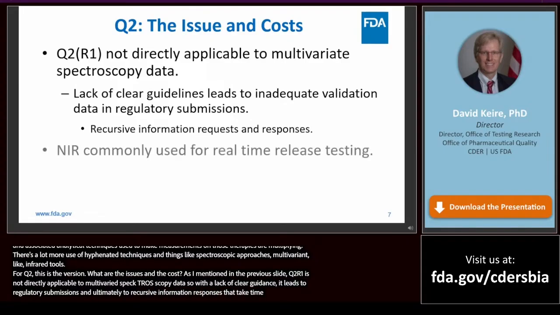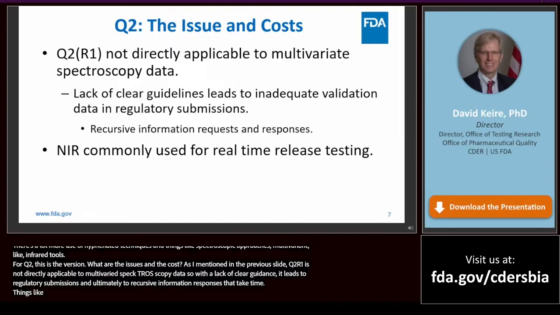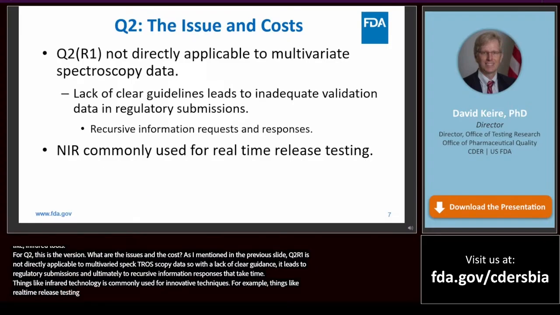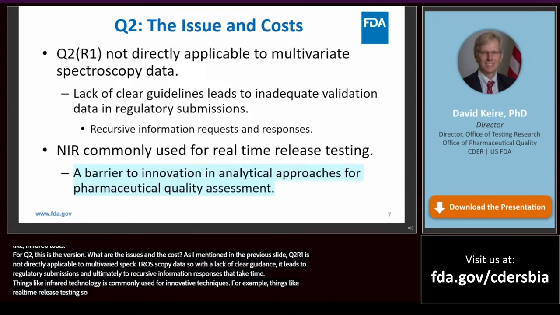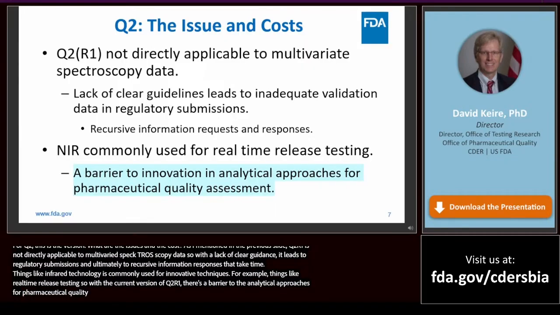Near-infrared technology is commonly being used for innovative techniques, for example, real-time release testing. With the current version of Q2(R1), there's a barrier to innovation in analytical approaches for pharmaceutical quality assessment, which is one of the reasons why it was decided to work on a revision.